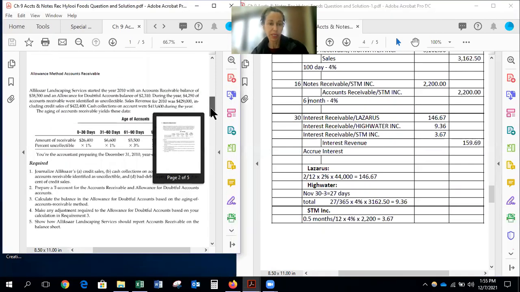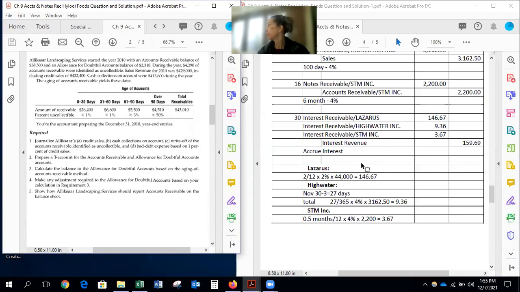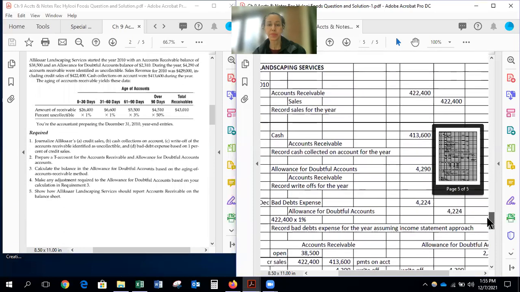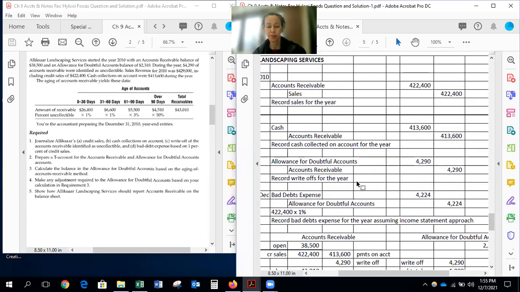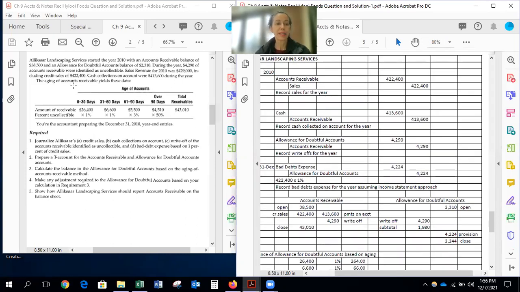If we turn the page, the last one is flipping over to accounts receivable. And we've got Ali Kassar Landscaping.